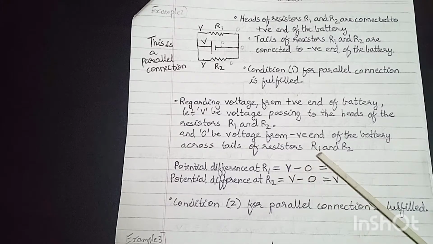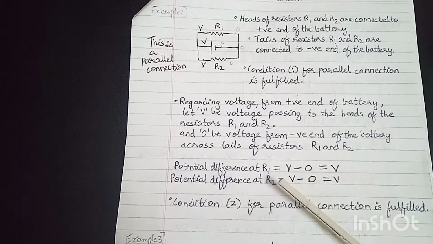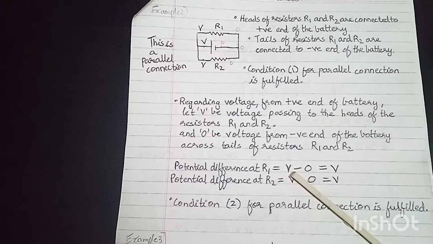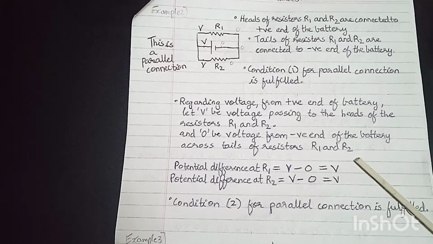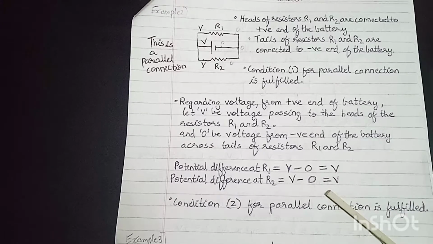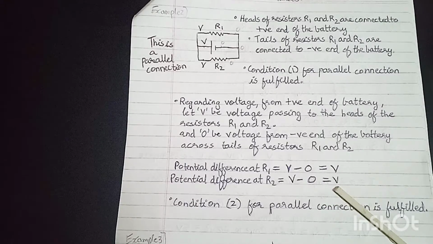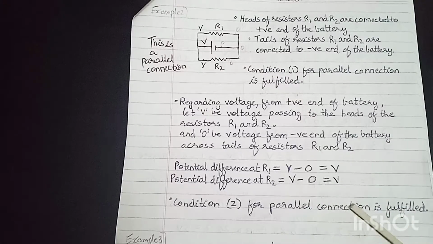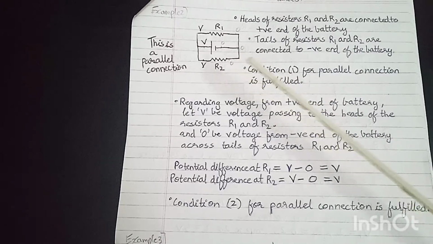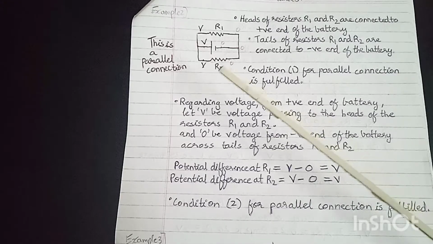The potential difference across R1 is V minus 0, so we get V. For R2 we also get V minus 0, which is V. So condition 2 is also successfully completed, and this circuit is a parallel circuit, or parallel resistor.